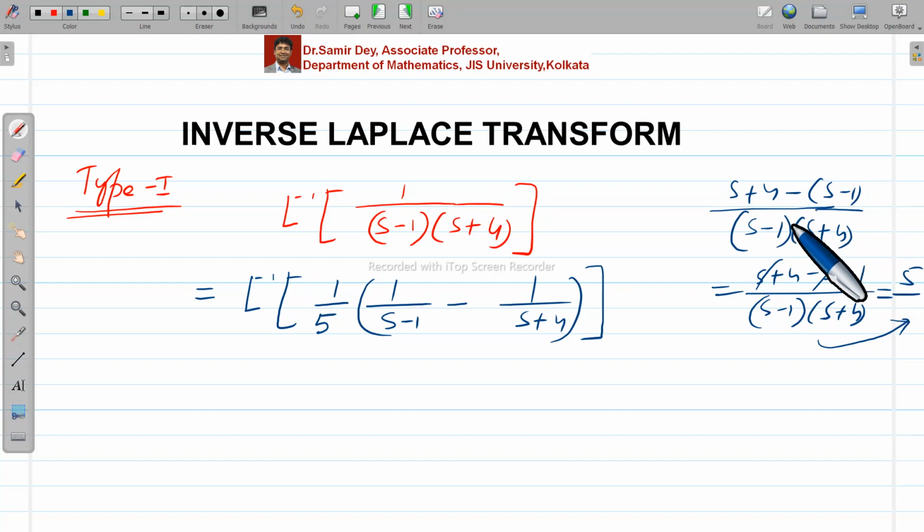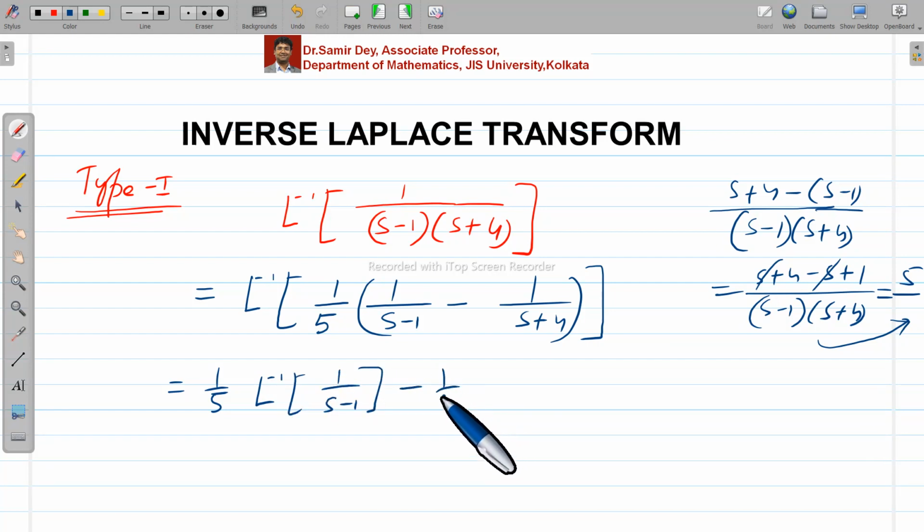First you take the LCM, then proceed process-wise. So here 5 is extra, so balance it. Now you have to apply 1 by 5. So it is 1 by 5 L inverse of 1 by s minus 1, minus 1 by 5 L inverse of 1 by s plus 4. Is it clear?